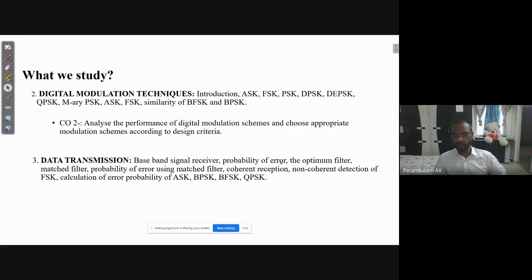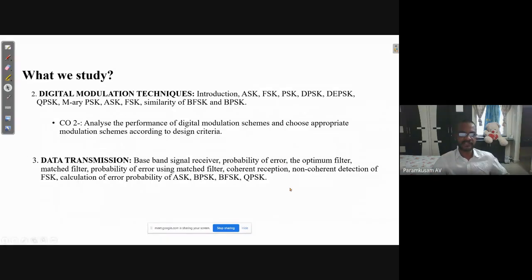Suppose logic 1 is transmitted. If the receiver receives the same logic 1, there is no error. If logic 0 is transmitted and the receiver receives it as logic 0, then there is no error. If 1 is transmitted and it is received as logic 0, or 0 is transmitted and it is received as logic 1, in that case there is an error. Then what is the probability of error?